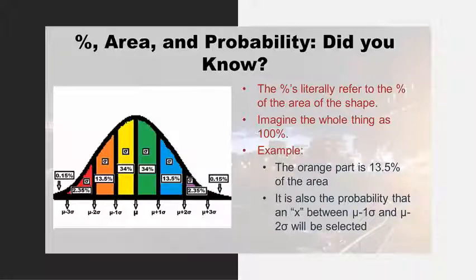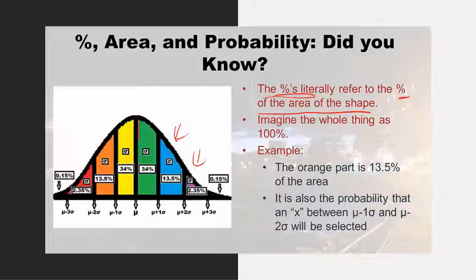So here's another reminder, because I hope I explained this earlier: the entire thing equals 100%. That means that each percentage, or each section here, refers to the percentage of the area of the shape.